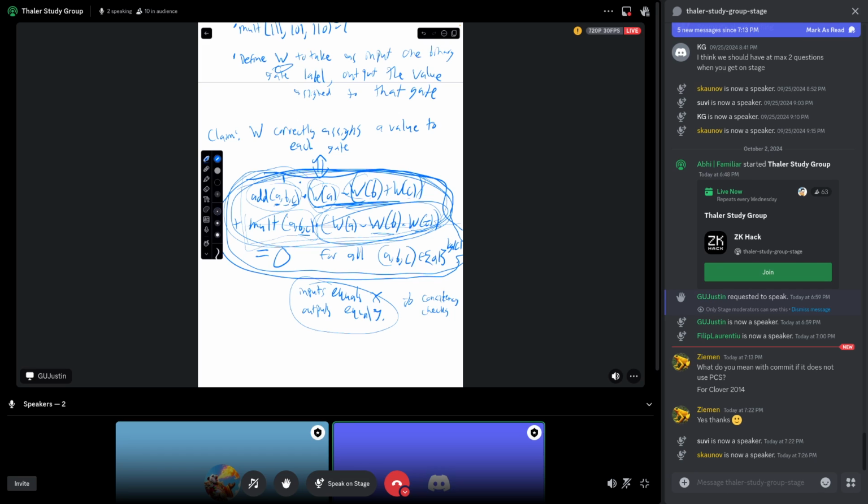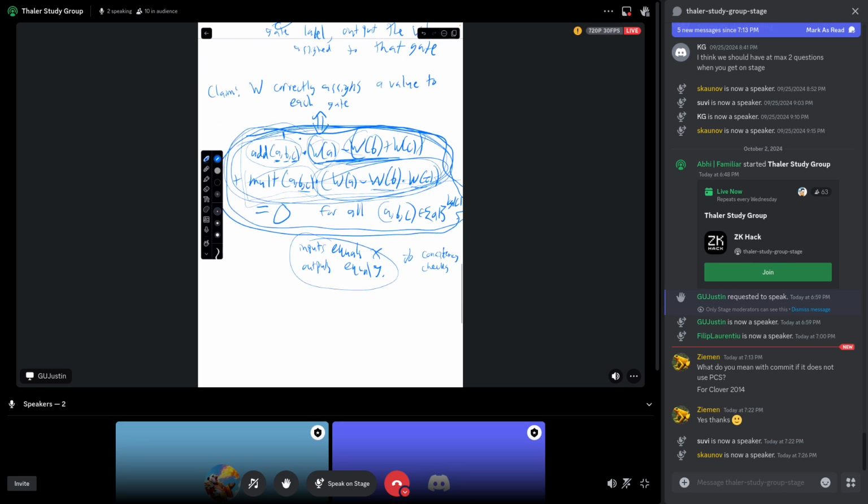Okay. Question. Yeah, question. So you have an if and only if statement here, and it seems very obvious to me in one direction. If W correctly assigns a value to each gate, then you explained why every term in that sum will be 0, so the whole sum is 0. But I don't see how you go in the other direction.